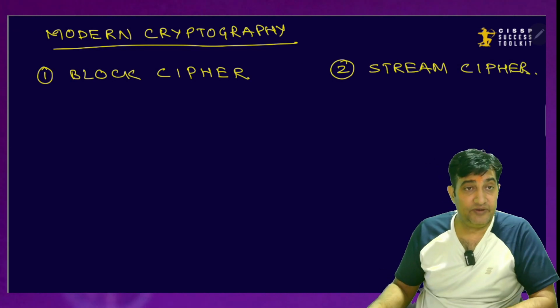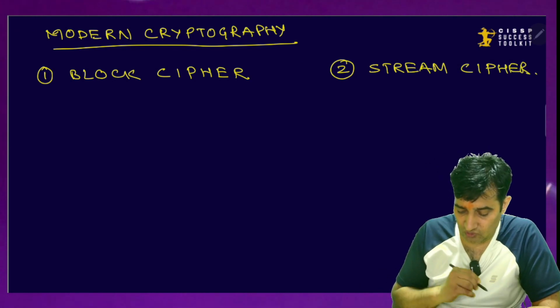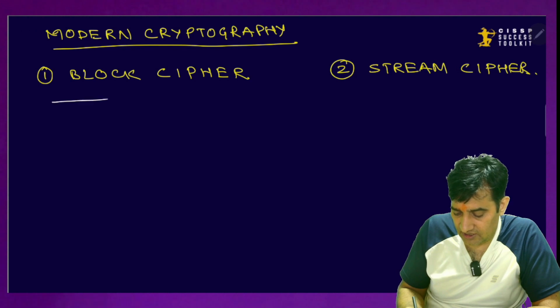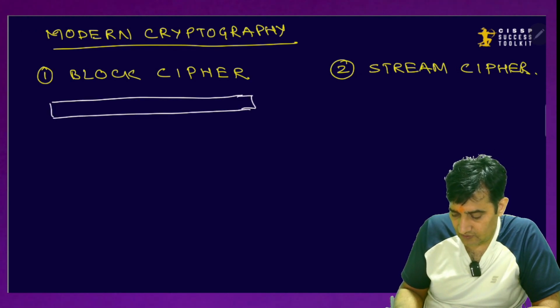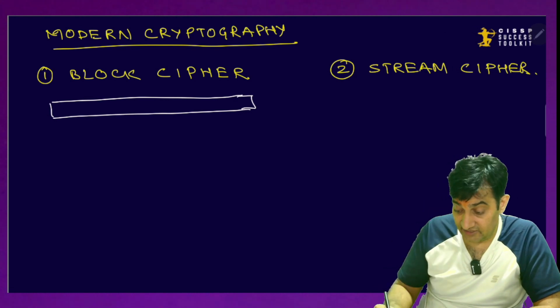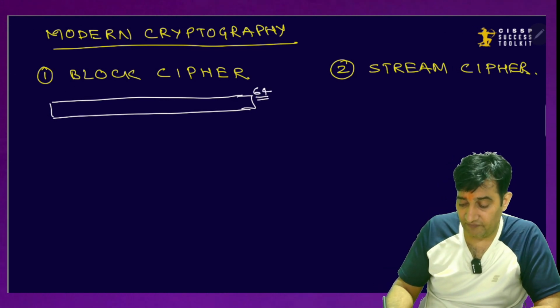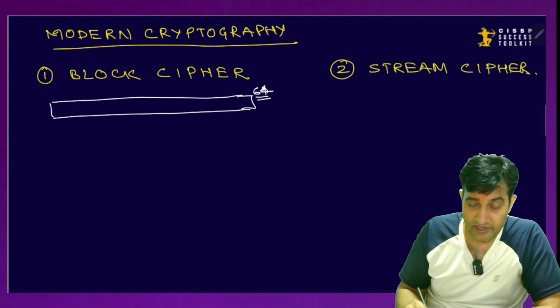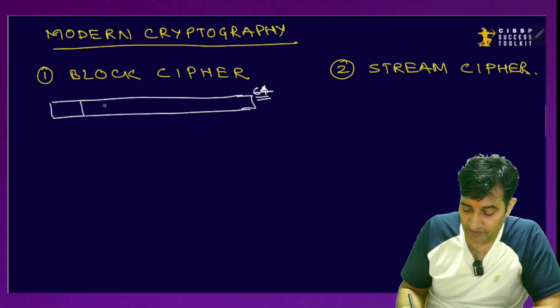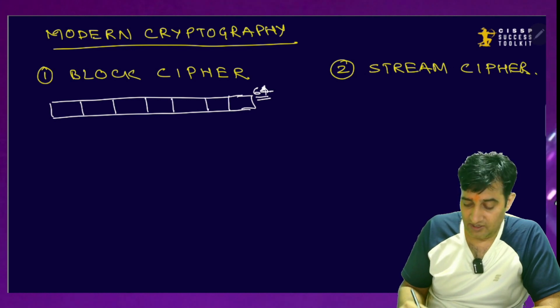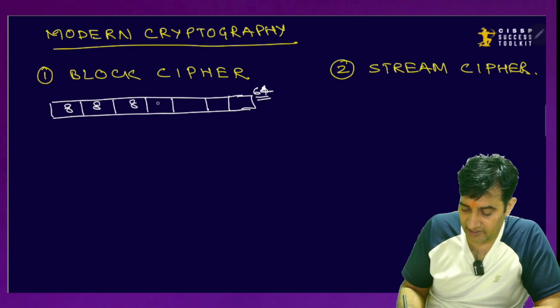When we say block cipher, it is called a block cipher because let's say I have a plain text, and let's say this is 64 bits in length. In a block cipher, we break this entire message into equal parts of blocks, for example 8, 8, 8, 8.